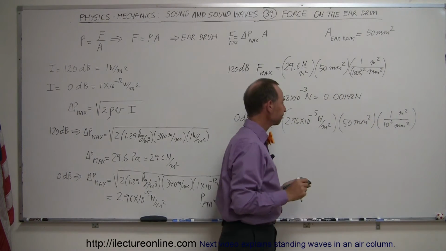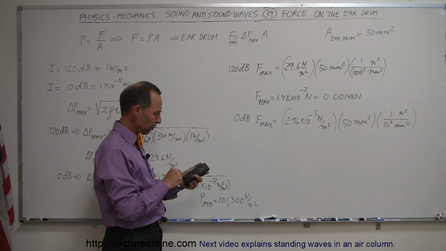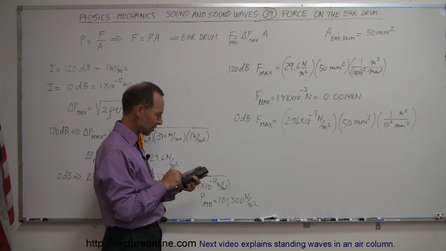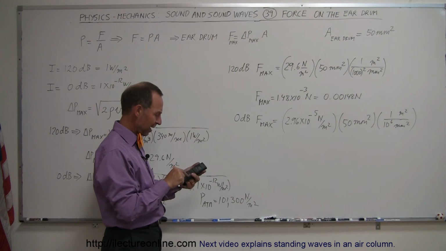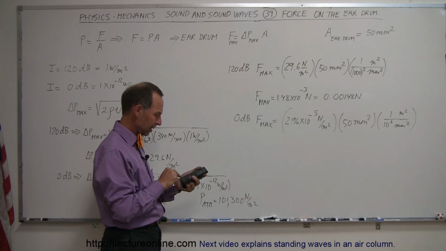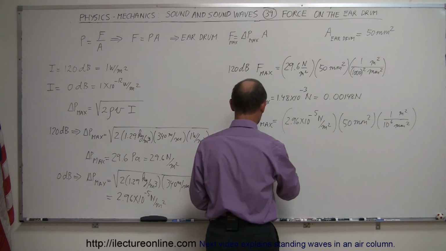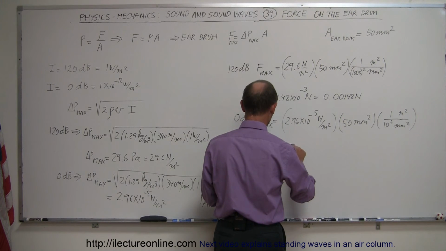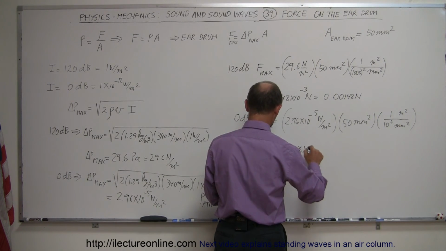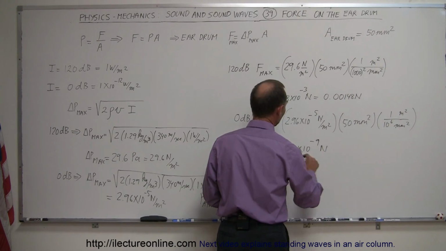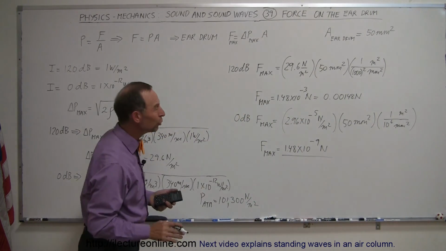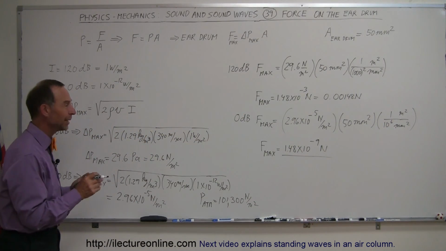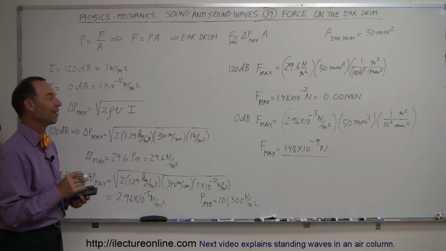So 2.96 e to the minus 5 times 50 and divide by 1,000,000 equals, and here we have a maximum force through those pressure oscillations of 1.48 times 10 to the minus 9 newtons. So 1.5 nanonewtons of force on the human eardrum, and yet we can make sound out of that.